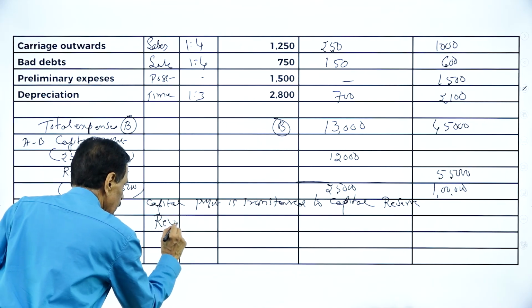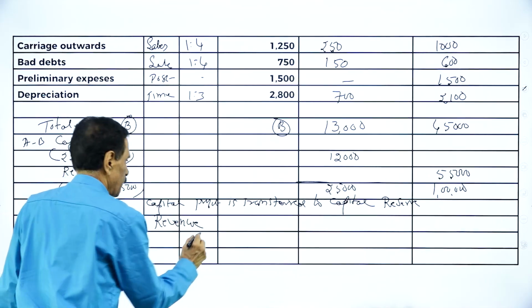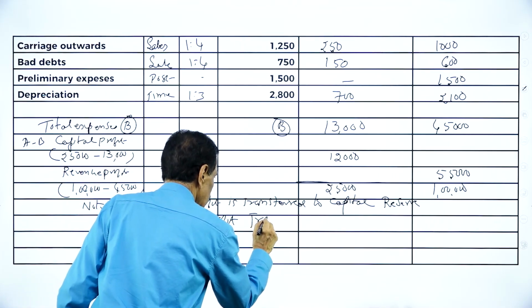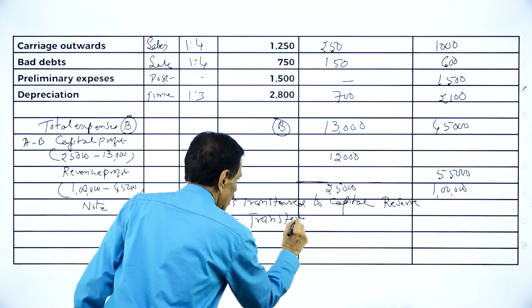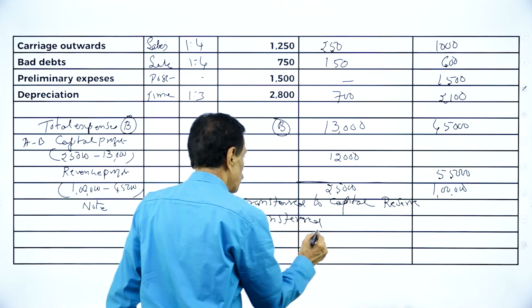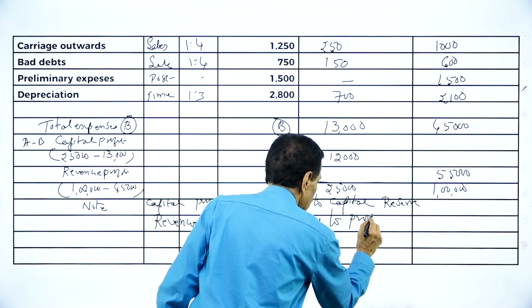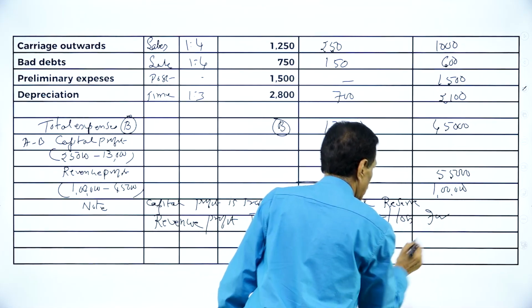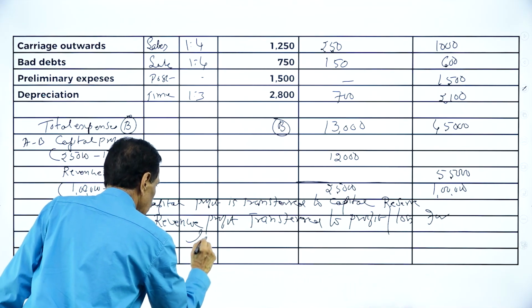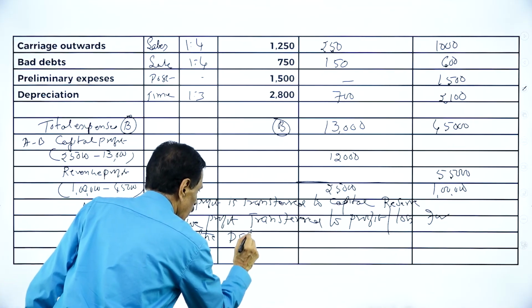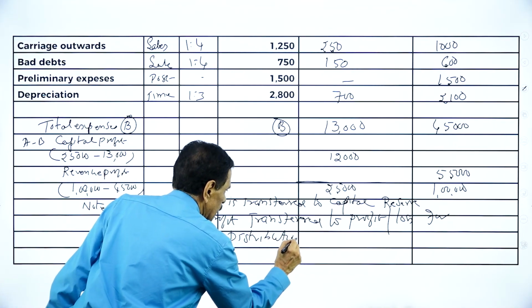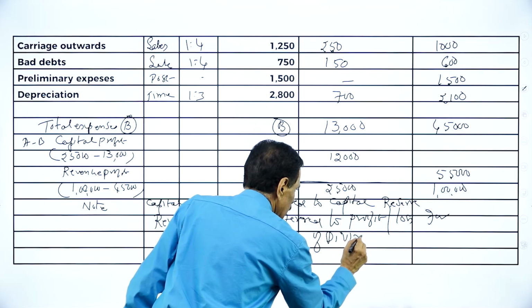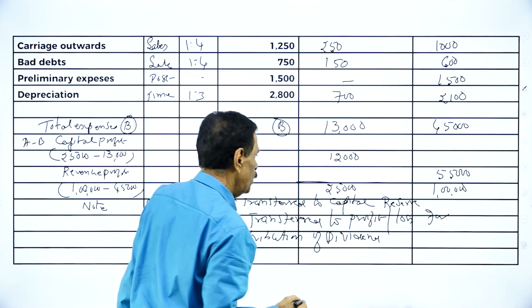Revenue profit is transferred to profit and loss account for the distribution of dividend to shareholders.